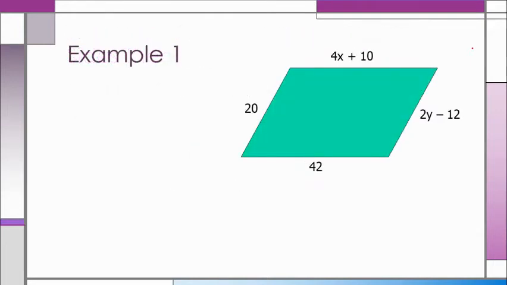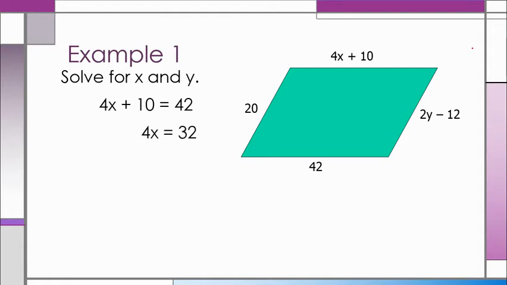So let's take a look at example 1. We can solve for x and y because of this. So we would have 4x plus 10 is equal to 42. So that means 4x is equal to 32. So what is my x value? That's right, x is equal to 8.